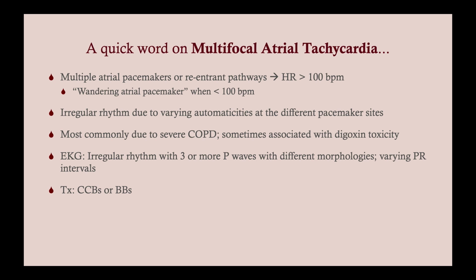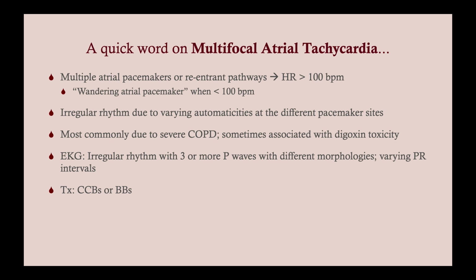And remember that the EKG is just measuring electrical conduction in space. So if you've got origination of that atrial depolarization in different places, the P wave is going to look totally different from one to the next.